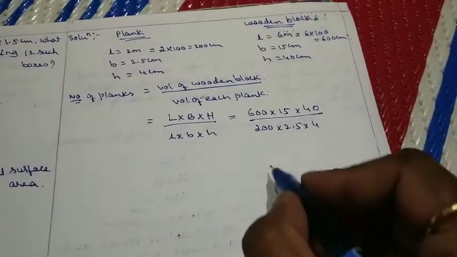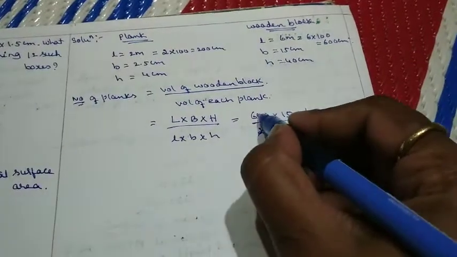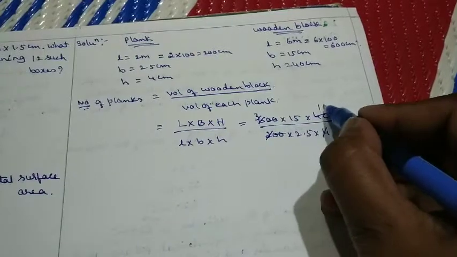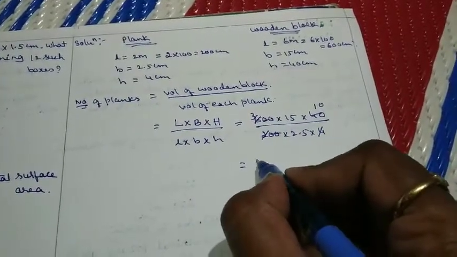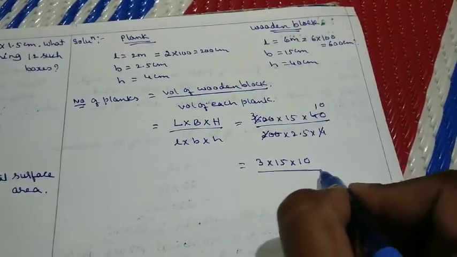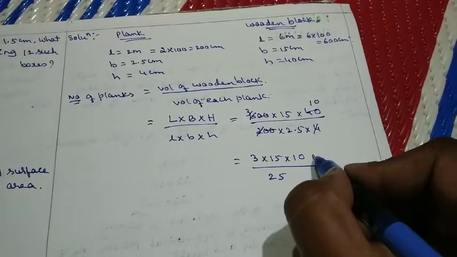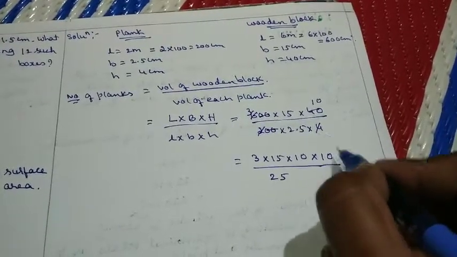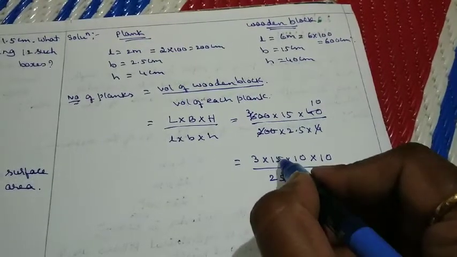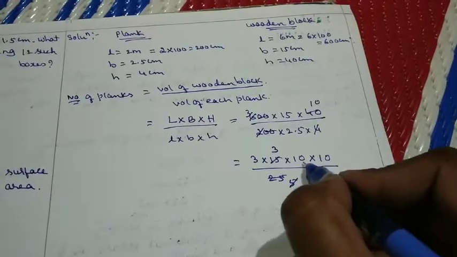Now cancellation: the zeros cancel, 2 ones are 2, 2 threes are 6, then 4 ones are 4, 10 fours are 40. Let me write 3 × 15 × 10 divided by 25, and here I'll remove the point by placing a zero in the numerator, since after the point we have one digit. Now 5 threes are 15, 5 fives are 25, 5 ones are 5, 5 twos are 10.